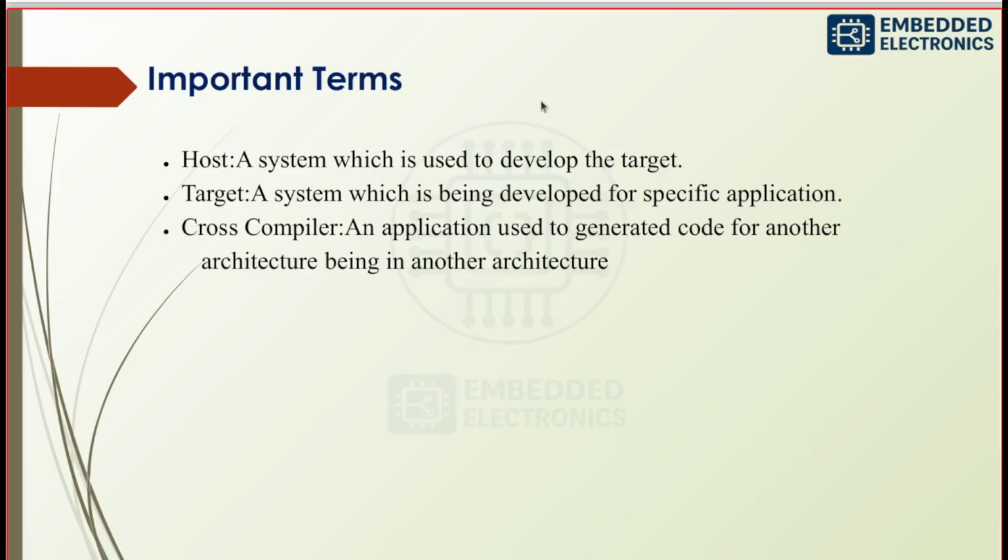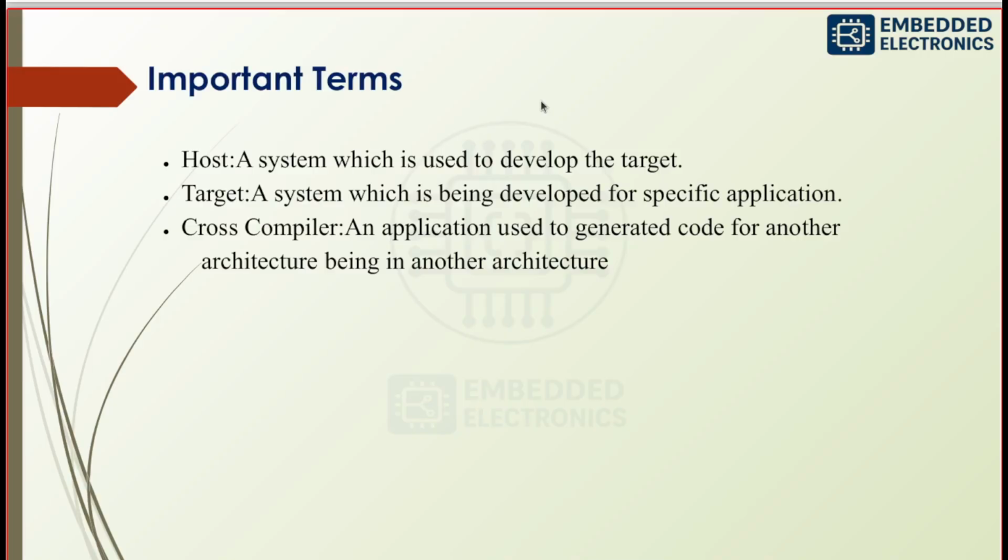Then what is a cross compiler? Before that, what is a compiler? A compiler is a software which converts the code from high level language to machine level language so the system can understand it. The cross compiler is the process in which we write code on a PC, and that code will run on a different system, that is, on a microcontroller.